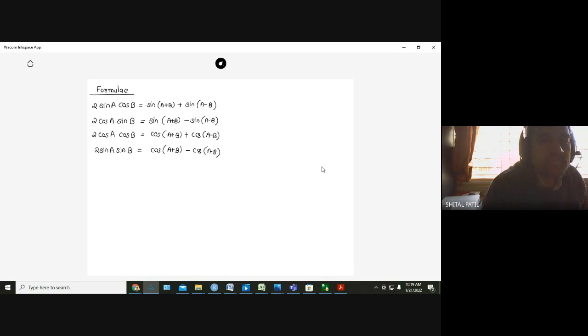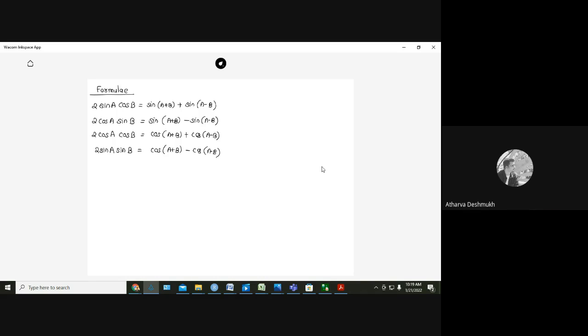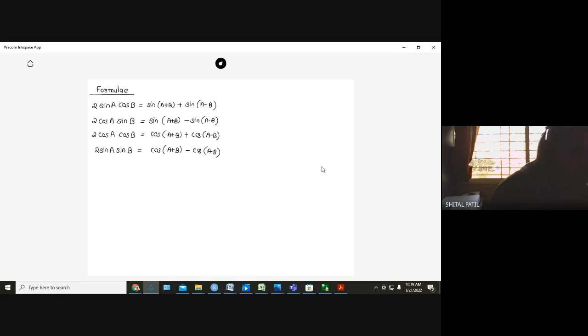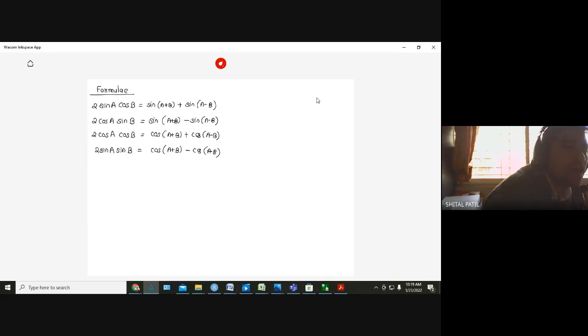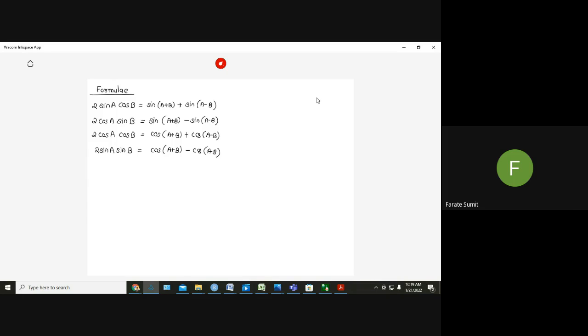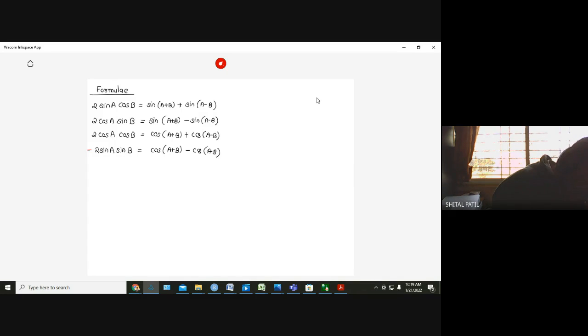Everyone remember these formulas? Yes, sir. So you don't remember. Here the minus sign is there. Okay? Attach the minus sign for the last formula.